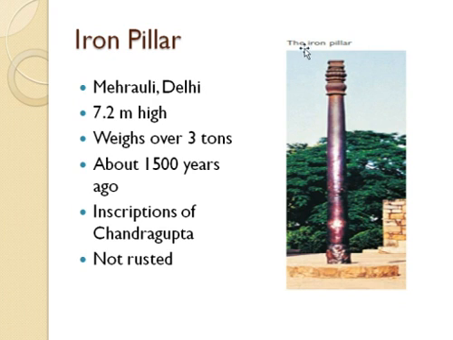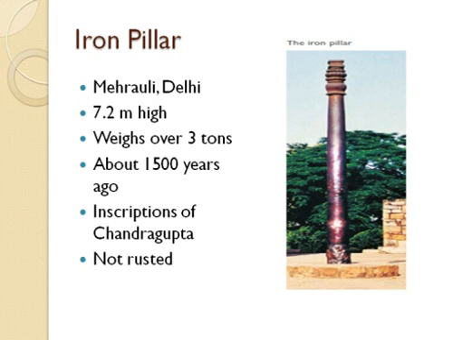This is the pillar. Here you will see the picture of this iron pillar, which is at Mehrauli, Delhi. It is a remarkable example of the skill of Indian craftspersons and is made of iron. It is 7.2 meters in height, weighs over 3 tons, and was made about 1500 years ago.